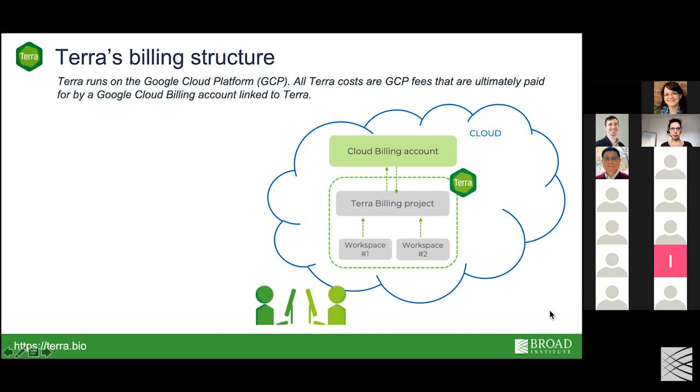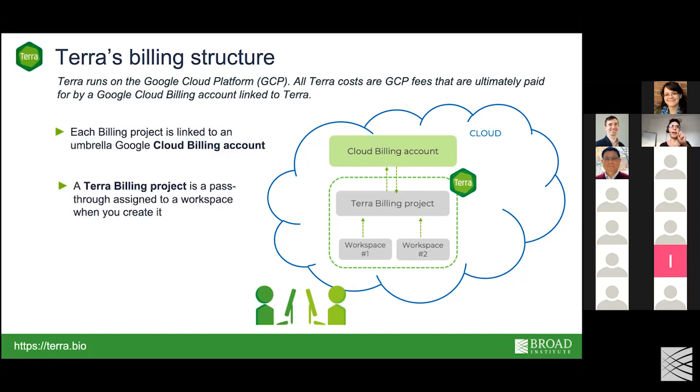This is the overall structure with the cloud billing account at the top. And underneath the cloud billing account is a Terra billing project, and each Terra billing project is linked to that umbrella cloud account.